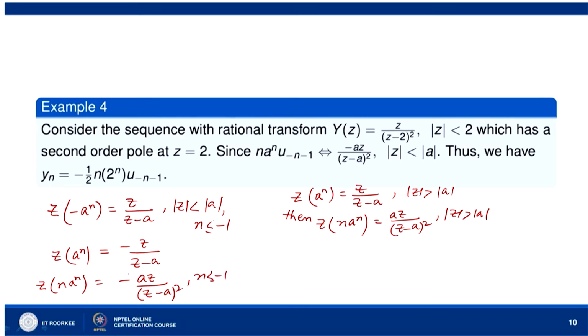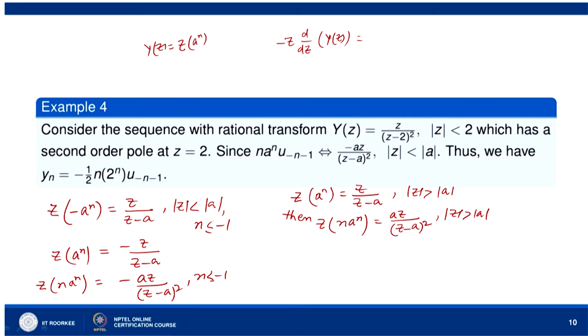It can be again found by using the recurrence relation as we have used earlier. We know the recurrence relation: minus z times d over dz of Y(z). Suppose Y(z) is the Z transform of a to the power n.